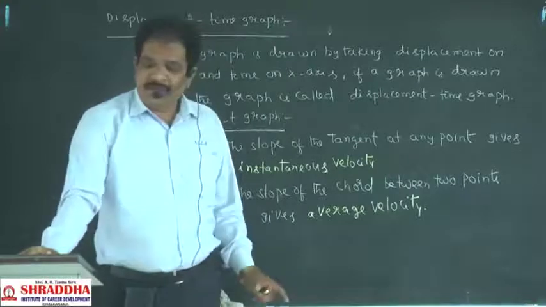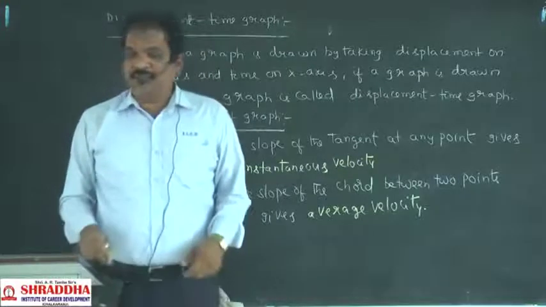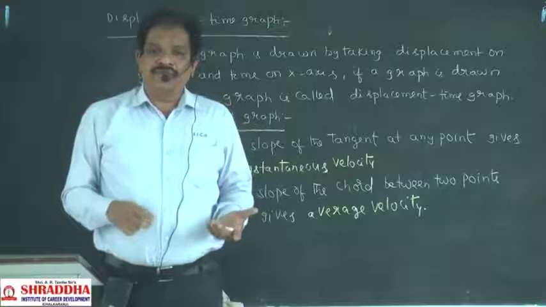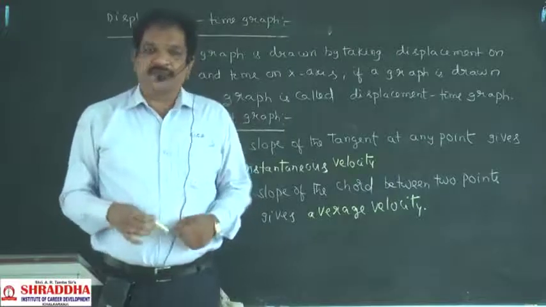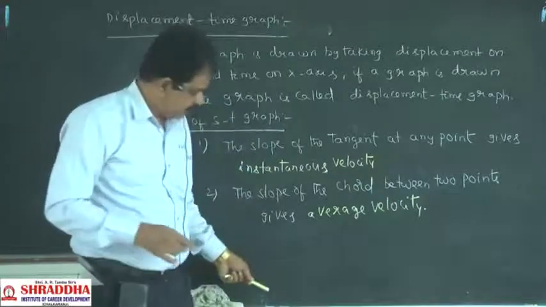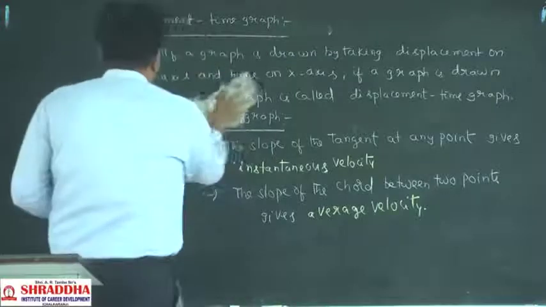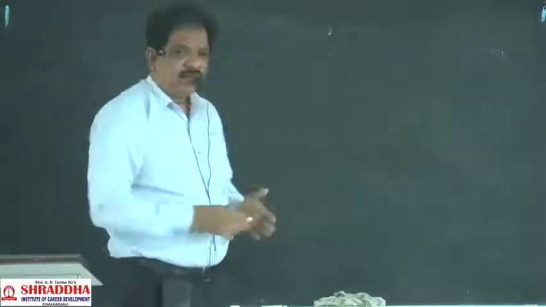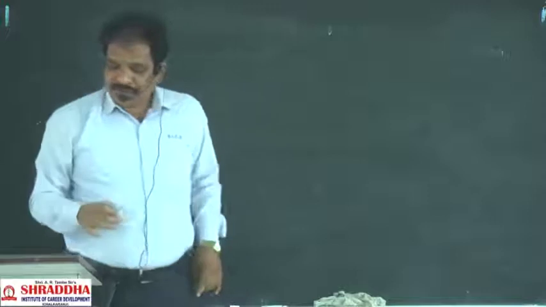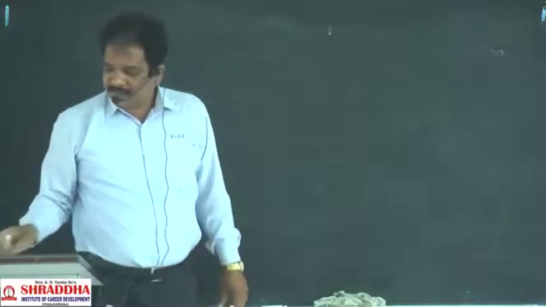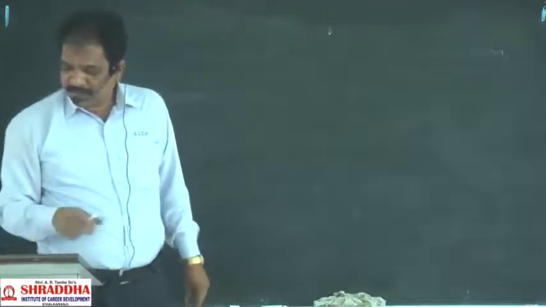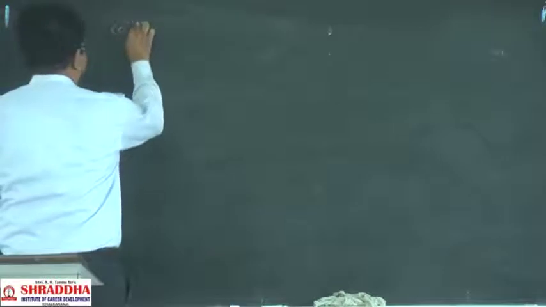Okay? How many types of graphs are there? From the graph, what we can understand? See. So, for this, divide the page into 3 columns. First one will be context.